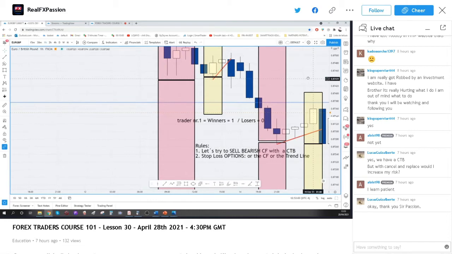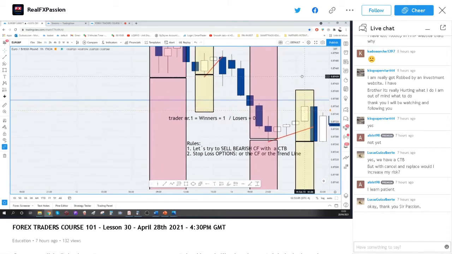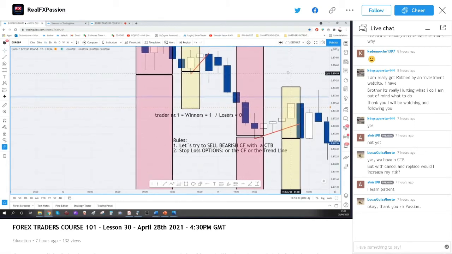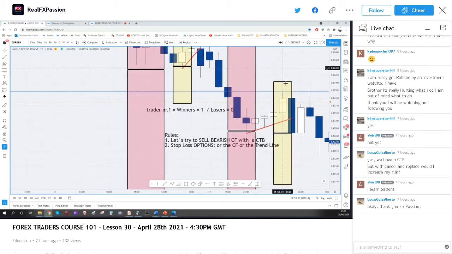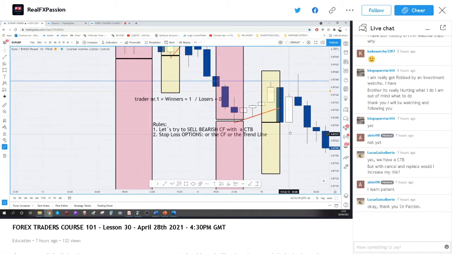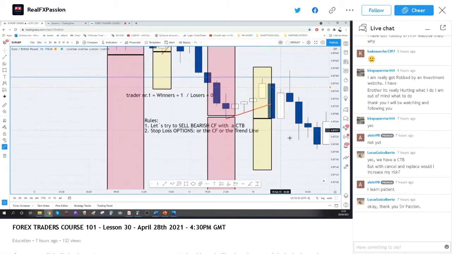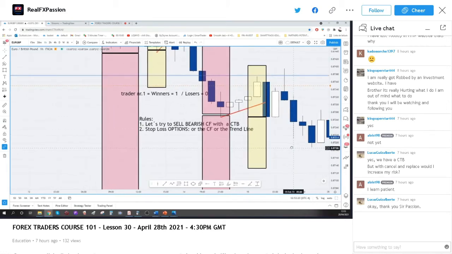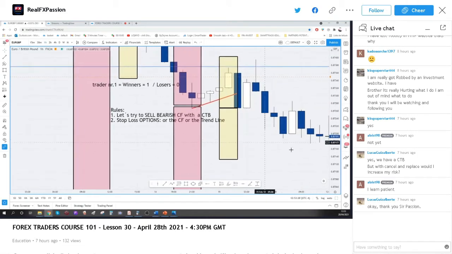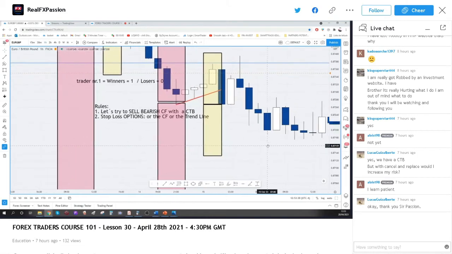So let's move on. Going against us, retesting, almost hit the stop, but it didn't. Moving down, very slowly moving down, moving up, sideways, then further down, sideways again.